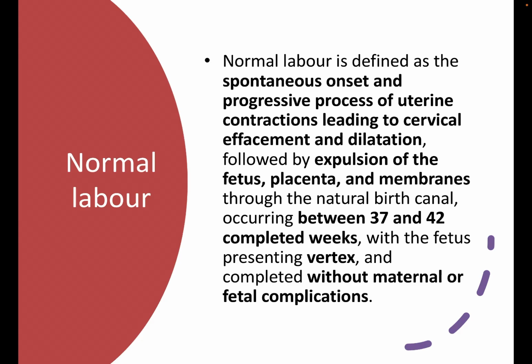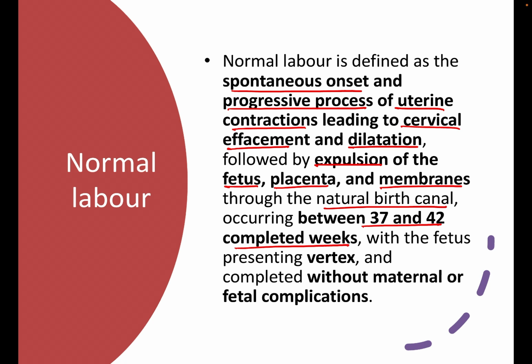So normal labor is defined as spontaneous onset and progressive process of uterine contraction leading to cervical effacement and dilatation, followed by expulsion of the fetus, placenta and membranes through the natural birth canal, occurring between 37 and 42 completed weeks, with the fetus presenting at vertex and completed without any maternal or fetal complications.